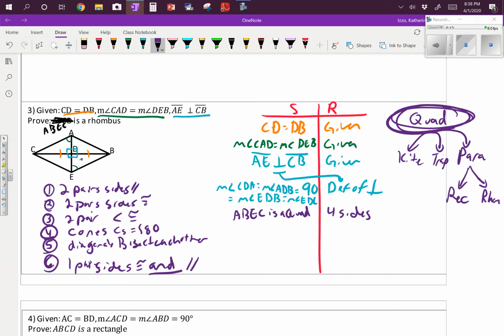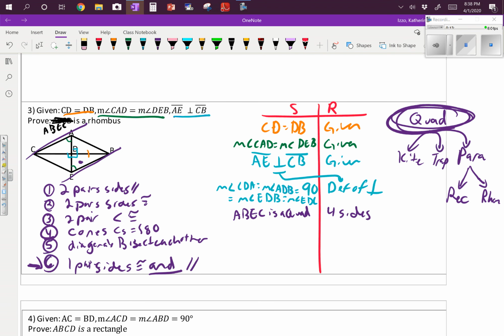I would need to prove this triangle and this triangle, and then this triangle and this triangle. And the last 2 triangles don't even have the angles necessary. You're right, squirrel. We just said we can prove this side parallel, and we can prove this triangle and this triangle congruent. That would fit in with number 6. 1 pair of sides congruent and parallel.